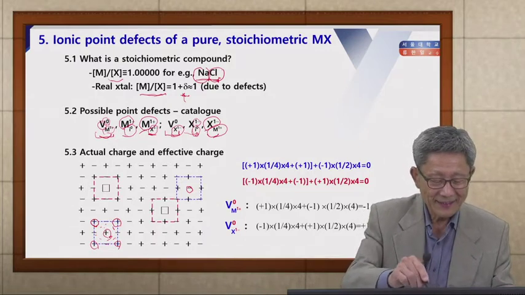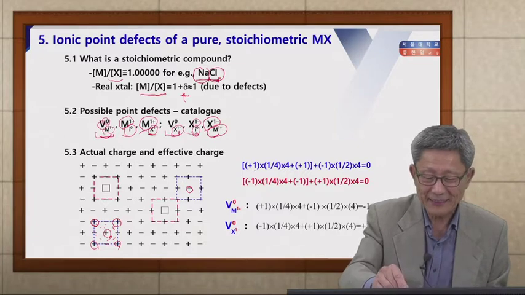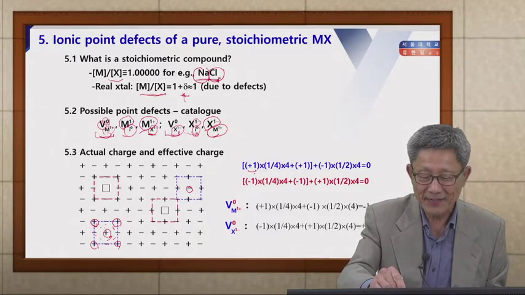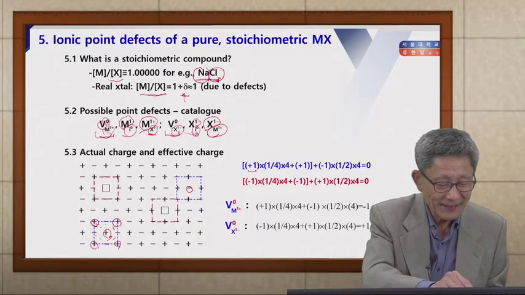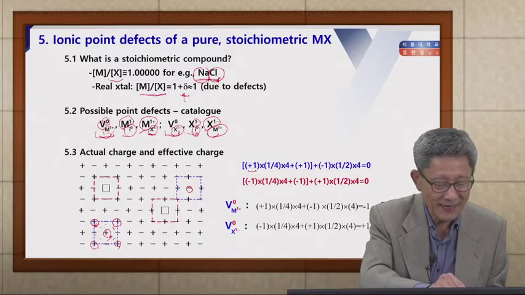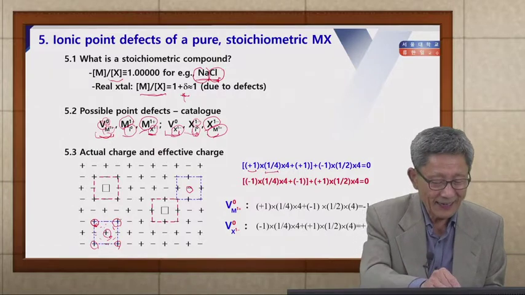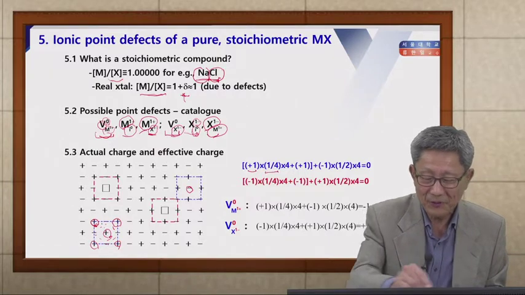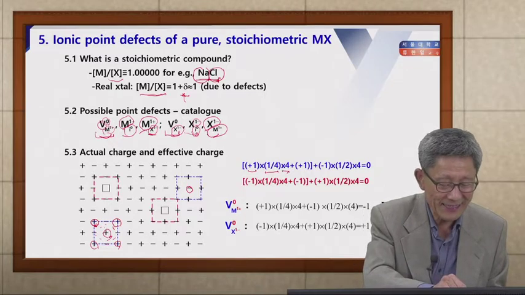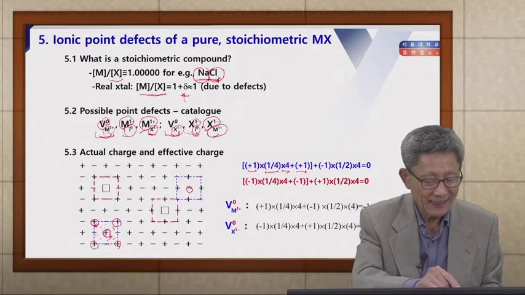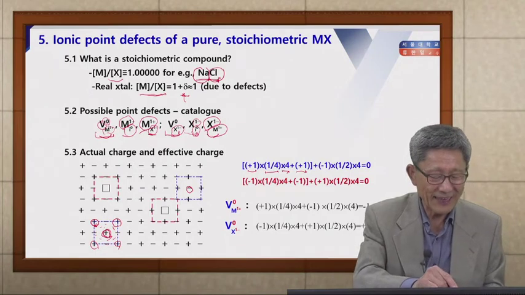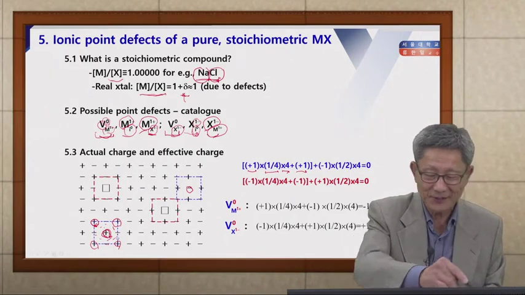Now, each ion has the charge of +1. Then this ion makes a contribution of a quarter to this unit cell, right? So 1/4. And there are 4 of those. And then right at the center, we have the 1 ion as a whole within this unit cell.